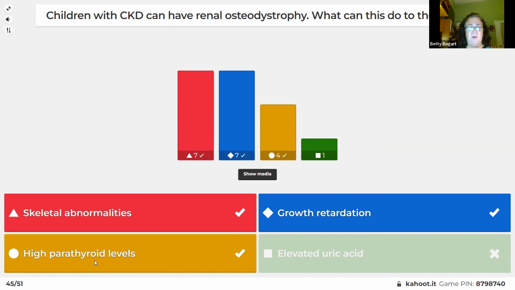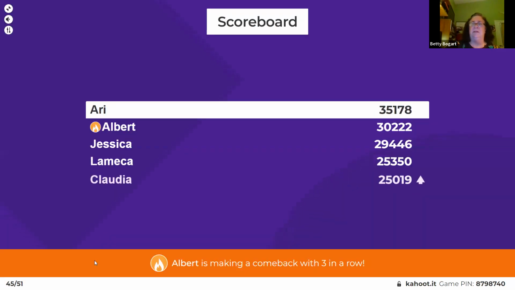High parathyroid levels cause high calcium, which causes growth retardation and skeletal abnormalities, okay? Uric acid is all about the kidneys. It has nothing to do with the osteodystrophy portion of it. That's just about the failure. But osteodystrophy is something we need to look at with those high calcium levels and keep them normal to prevent the growth retardation and those skeletal abnormalities.